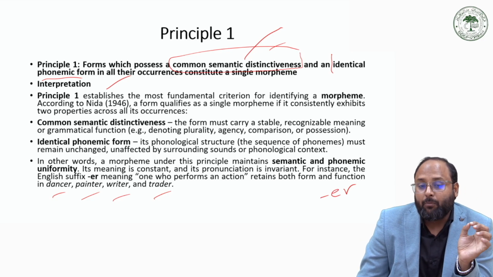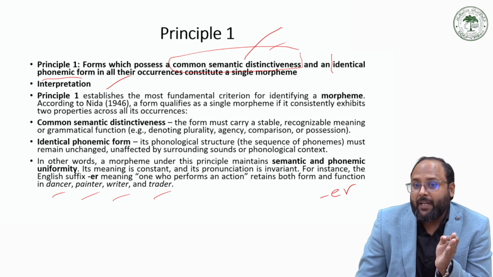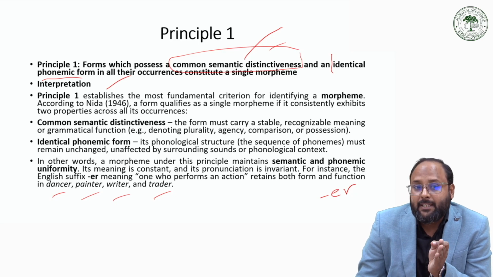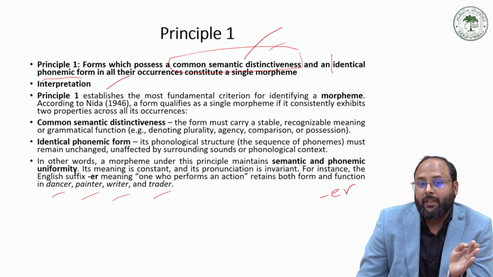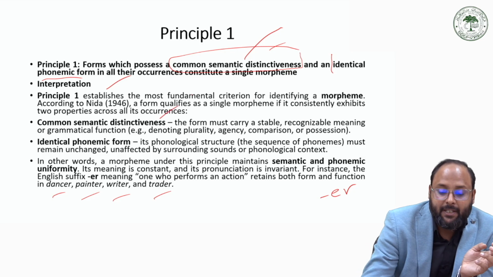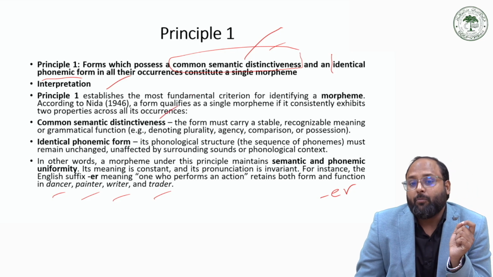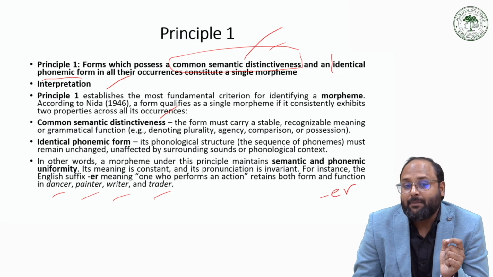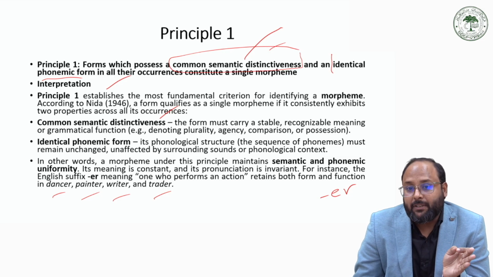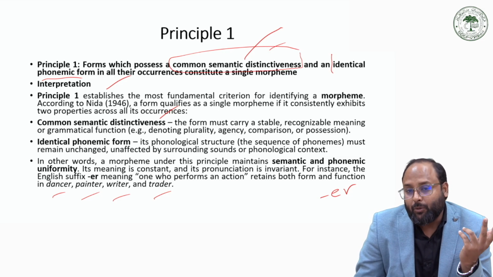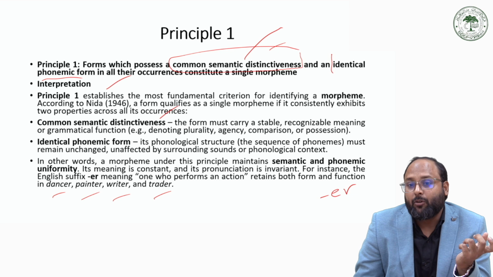So the principle establishes the most fundamental criterion for identifying a morpheme. According to Nida, a form qualifies as a single morpheme if it consistently exhibits two properties across all occurrences. One is common semantic distinctiveness, meaning the form must carry a stable, recognizable meaning or grammatical function. The function might be plurality, agency, comparison, or position.